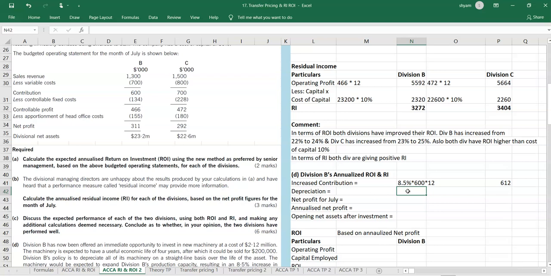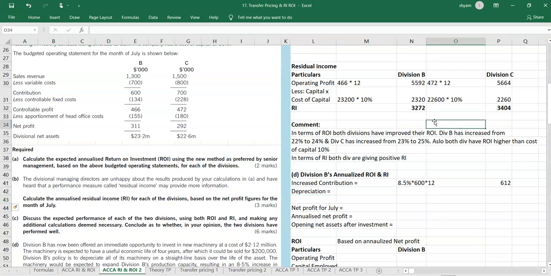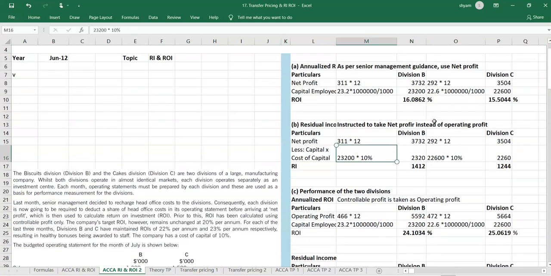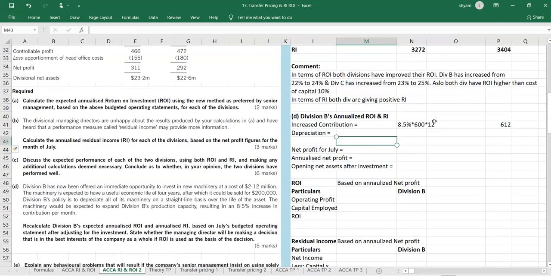First we have to convert 2.1 million, then only we can get the number. So 2100.